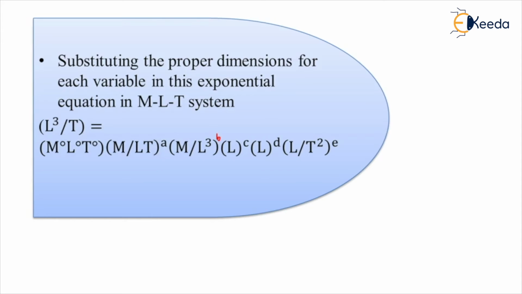Then we also have diameter of orifice, a single quantity, that is L, and for the constant head we have a dimension, that is L raised to d. And last one is the gravitational acceleration. For this we have a dimension L upon T square, in bracket raised to e.